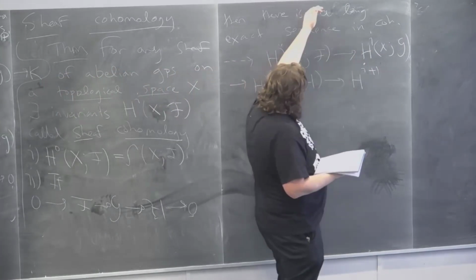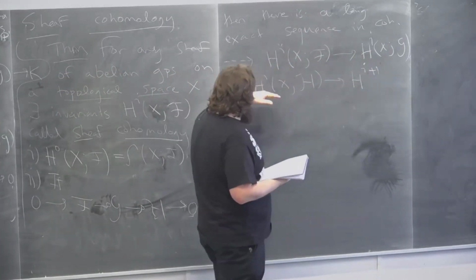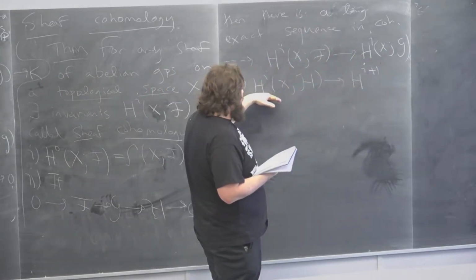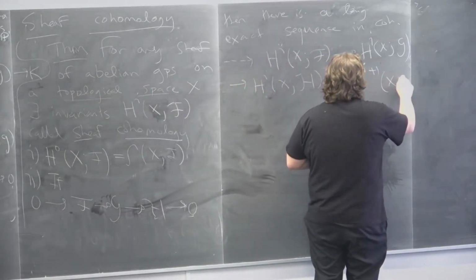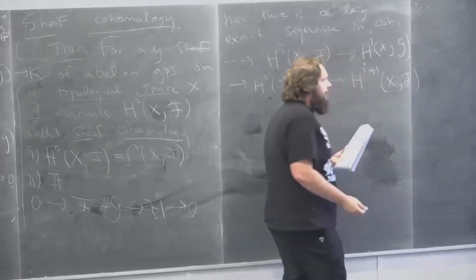So when I have an exact sequence of sheaves, I don't necessarily get that H^i of G surjects onto H^i of H, but its failure to do so is measured by a map to H^(i+1) of F.